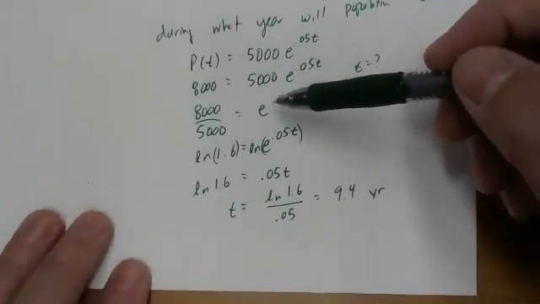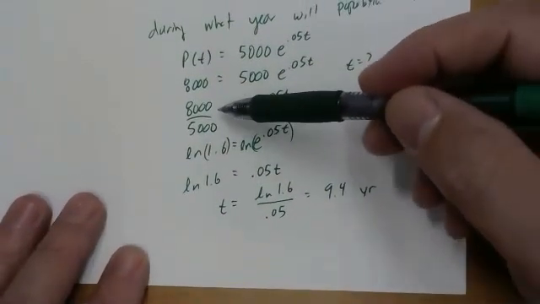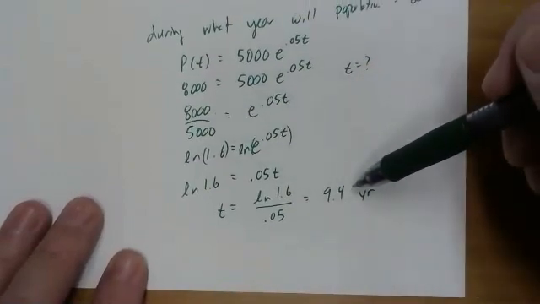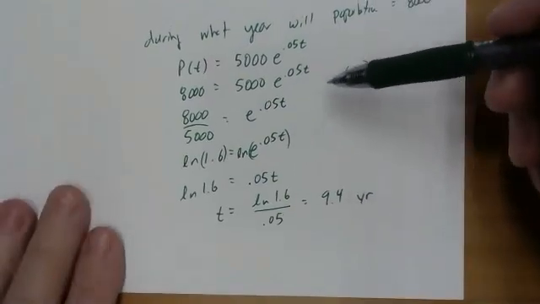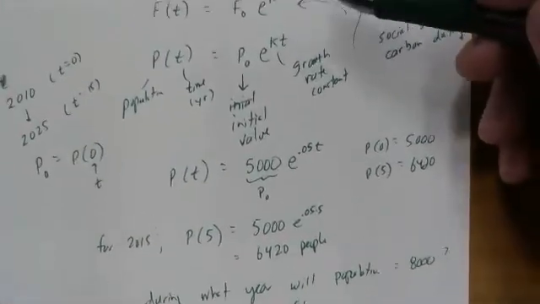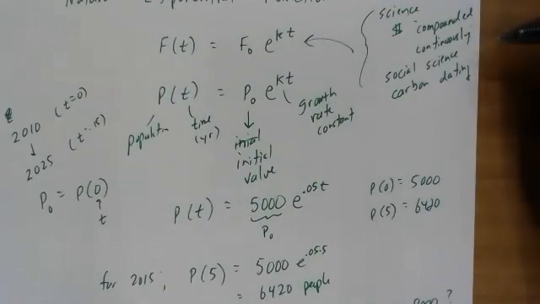And we also said, hey, instead of looking at future years, how about we choose a population and figure out how long it's going to take for the city to grow that large. So this is an example of all the kinds of math problems we're going to do. And it's all based upon these exponential functions.